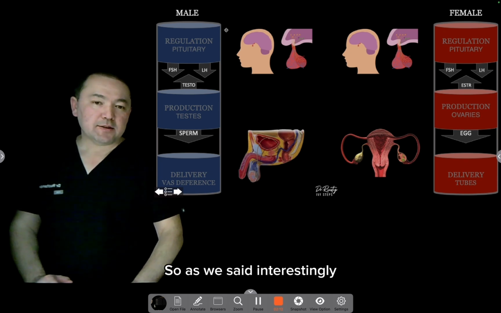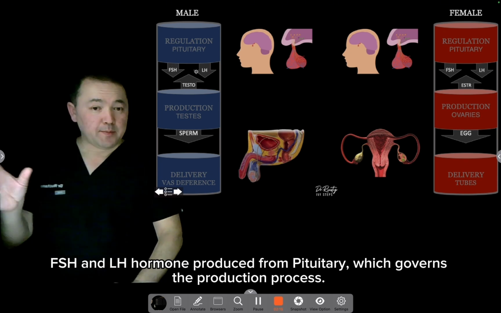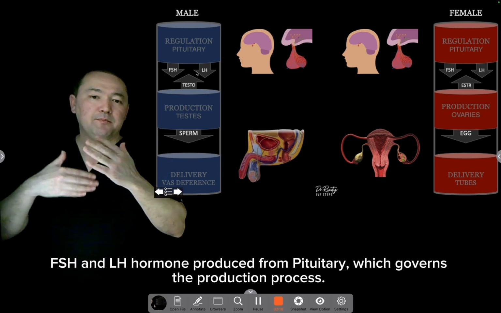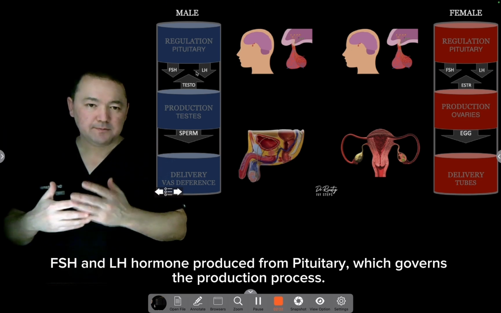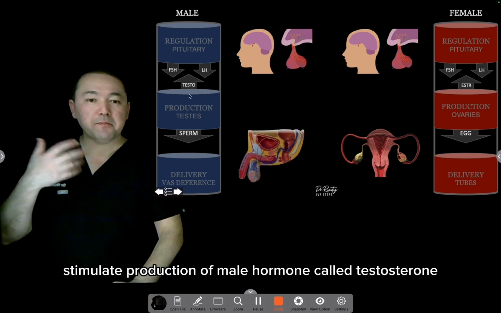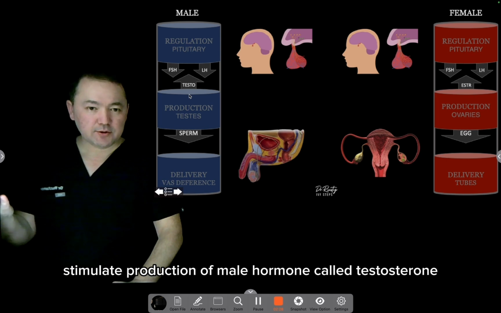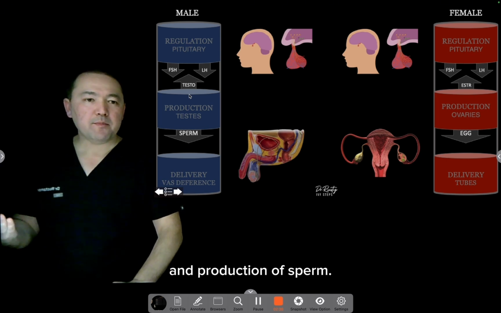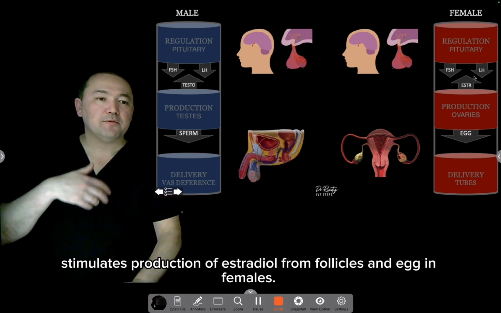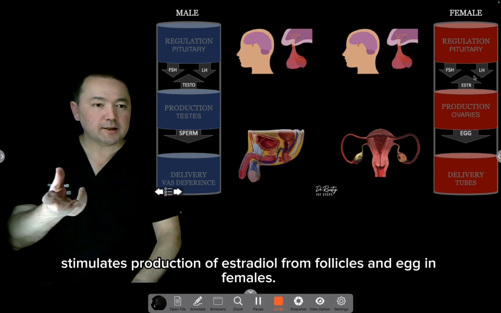As we said, interestingly, FSH and LH, the same hormones produced from the pituitary, govern the production process. FSH and LH stimulate production of male hormones in males called testosterone and production of sperm, and the same hormones FSH and LH produced from the pituitary gland stimulate production of estradiol from follicles and egg.